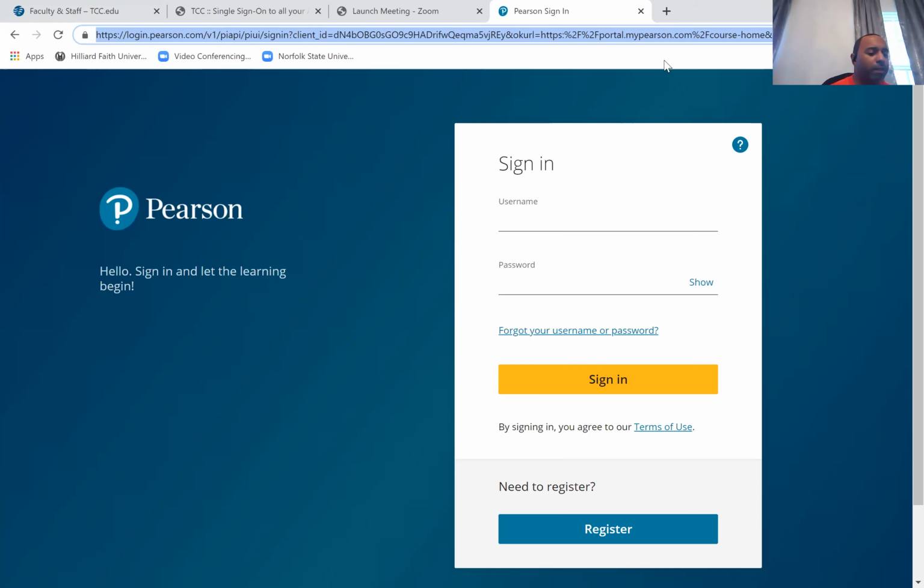So you most definitely want to get in there a couple times throughout the week, even if it's no more than just going to an assignment, hitting save, and then coming on out, just to get a time stamp and a date stamp on some type of activity. So you do want to be active in MyMathLab.